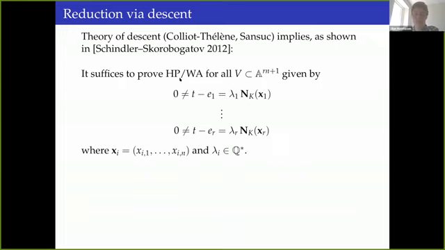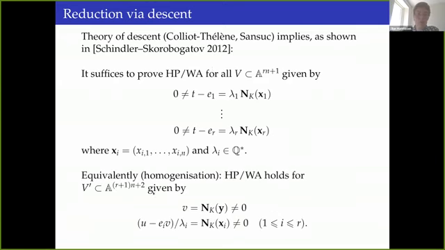When you would like to study Hasse principle and weak approximations or study rational points, you can carry out a homogenization and reduce this question to one about integral solutions to a system of equations where you now have on the left-hand side linear forms in two variables, u and v, and by construction, these linear forms on the left-hand side have the important property that they are pairwise linearly independent.